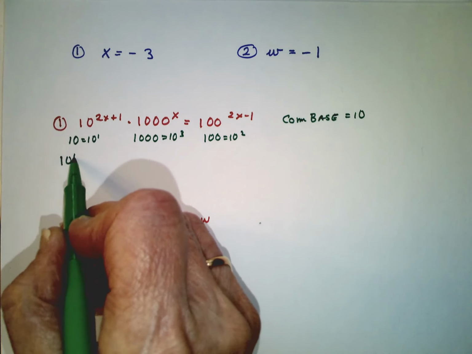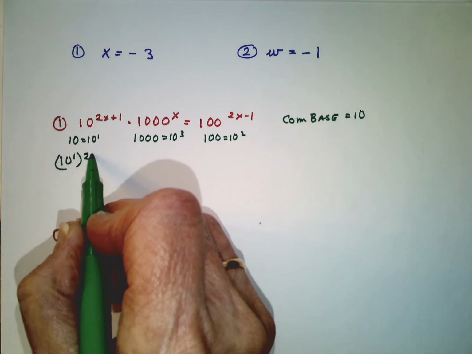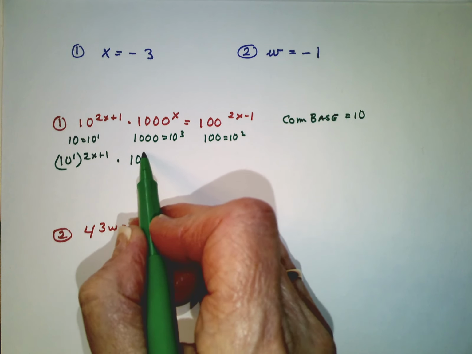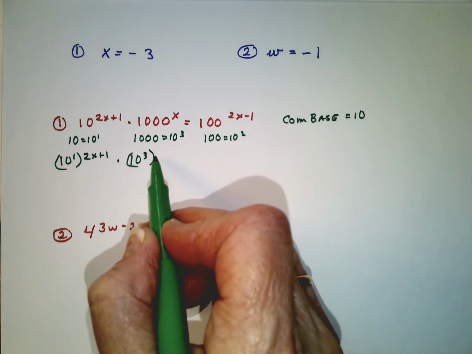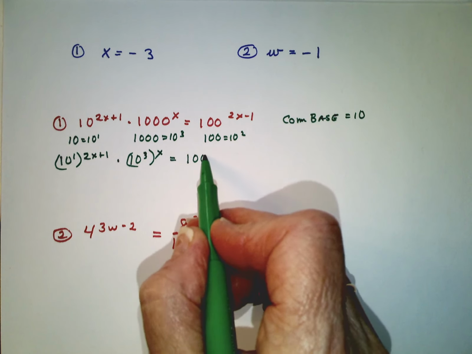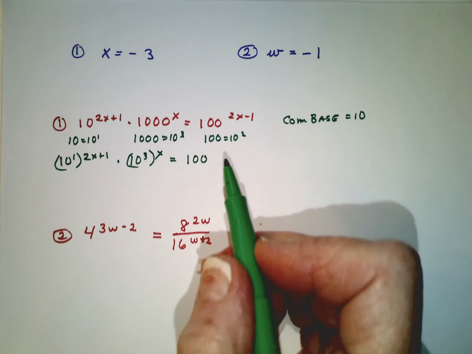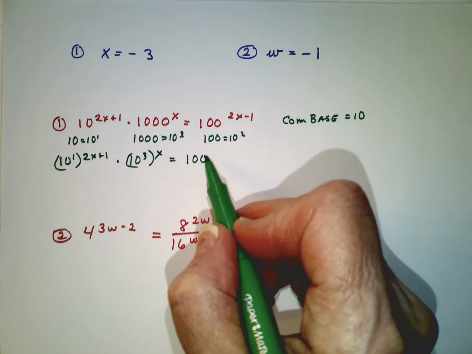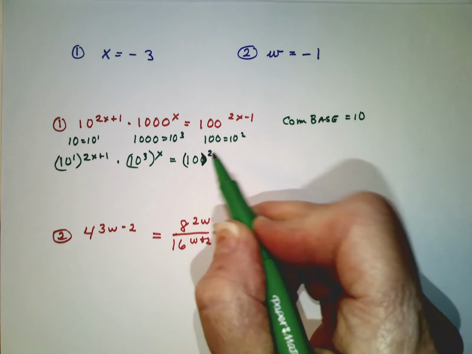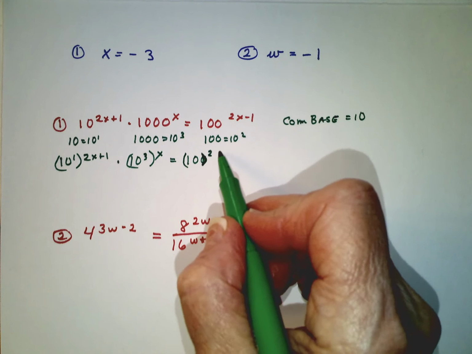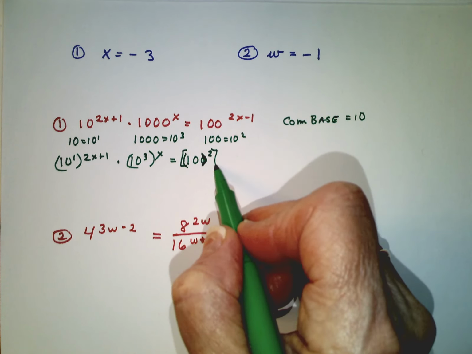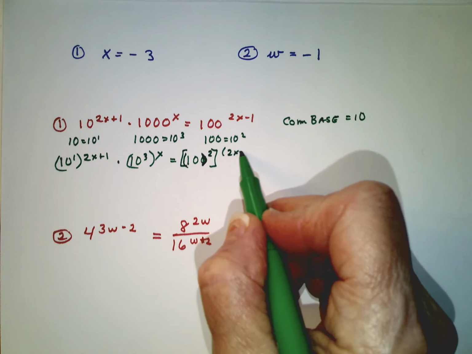So this will become 10 to the first raised to the 2x plus 1 multiplied by 10 to the third to the x has to equal, oops, I missed, has to equal 10 to the second multiplied by 2x minus 1.